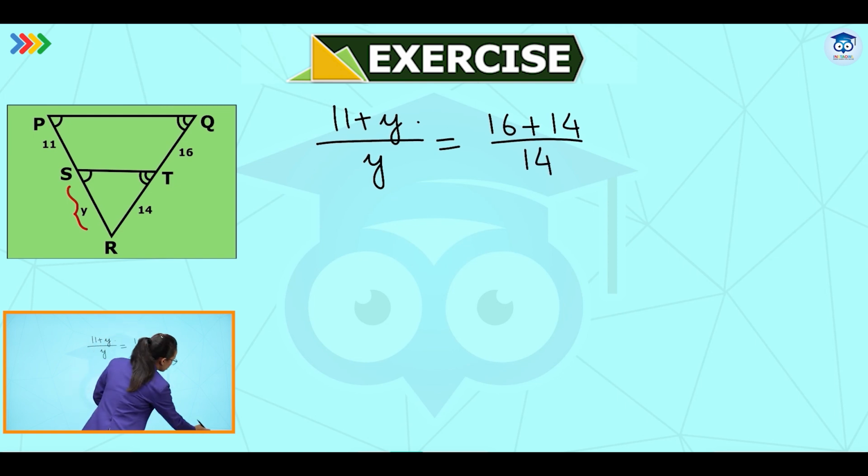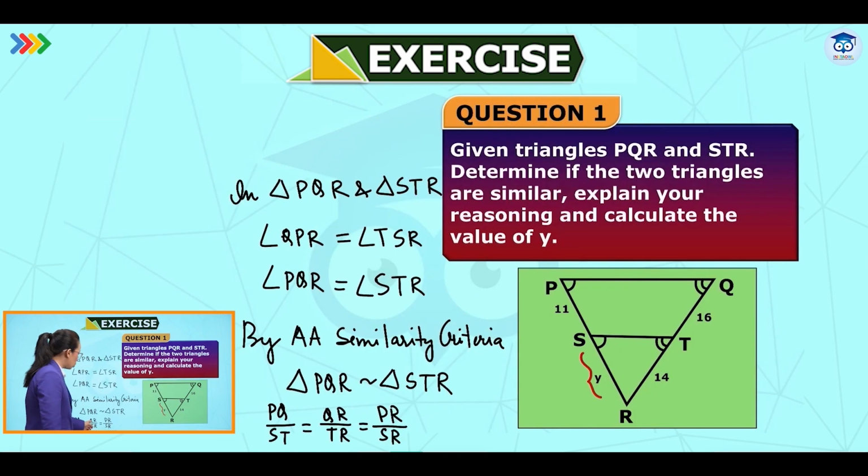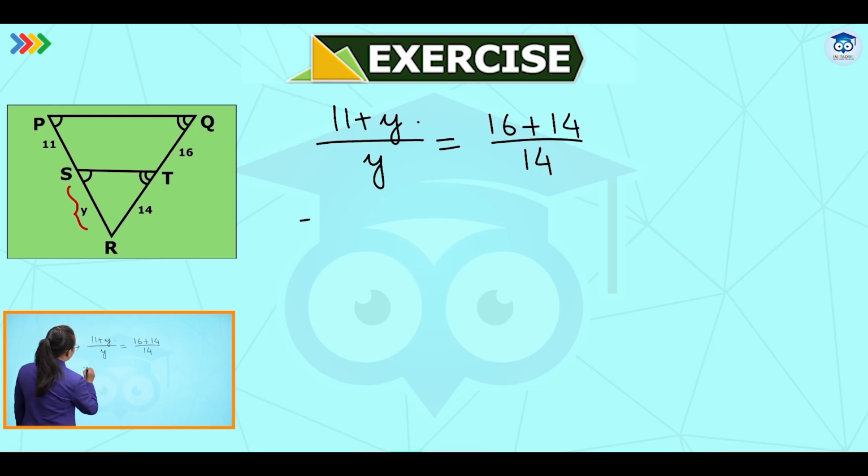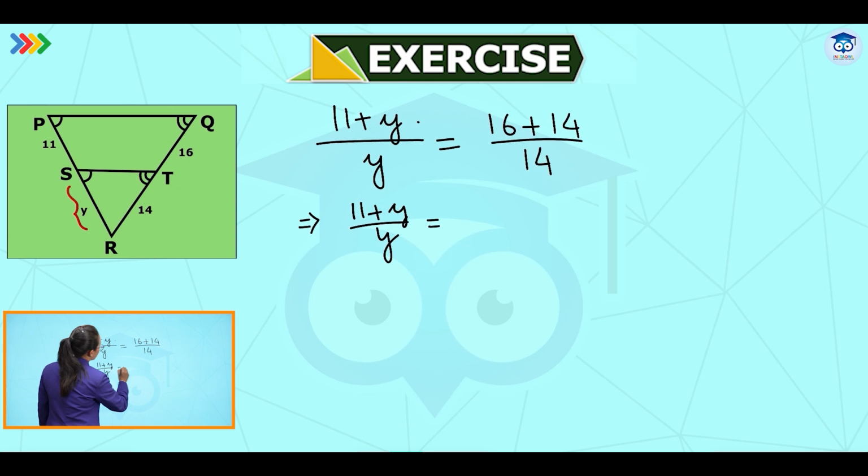Because we know that QR upon TR is equal to PR upon SR. So PR value is 11 plus y and then SR is y. So 11 plus y upon y is equal to QR, which is 16 plus 14 upon 14. After this calculation, we have 11 plus y upon y is equal to 30 upon 14.